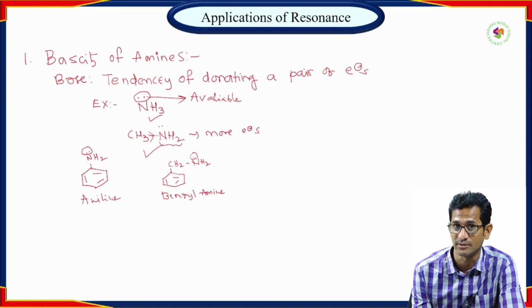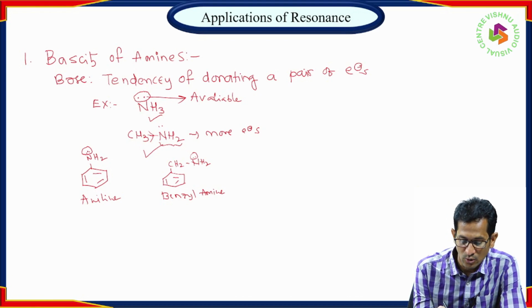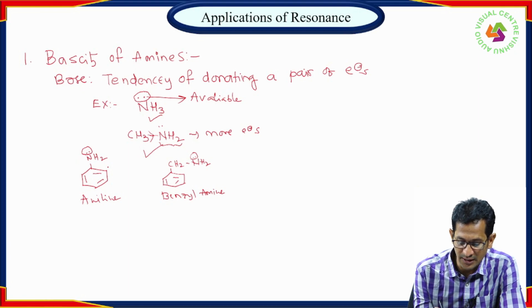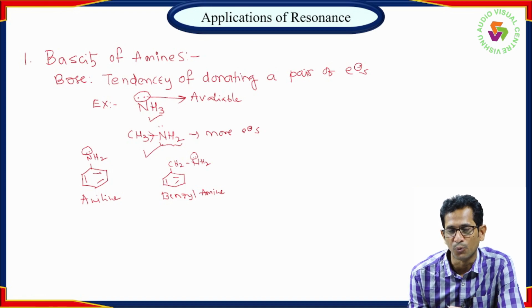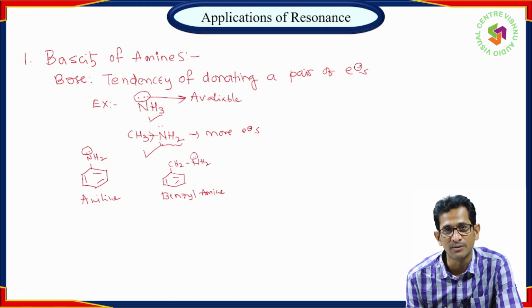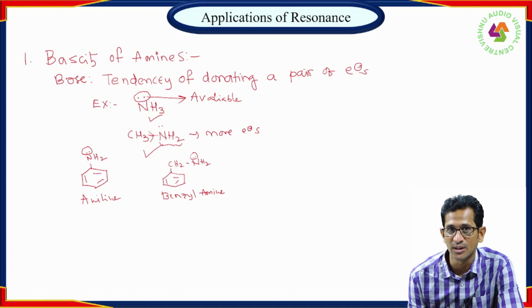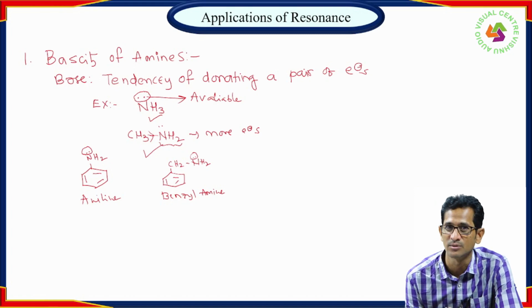Obviously that is more basic in nature. Coming to aniline, this lone pair is in conjugation with the double bond. When resonance exists, there must be conjugation. The double bond must have a lone pair, positive charge or negative charge in the alternative position.